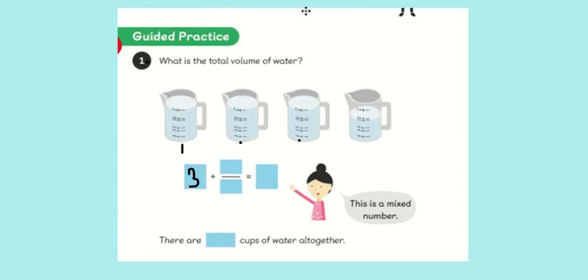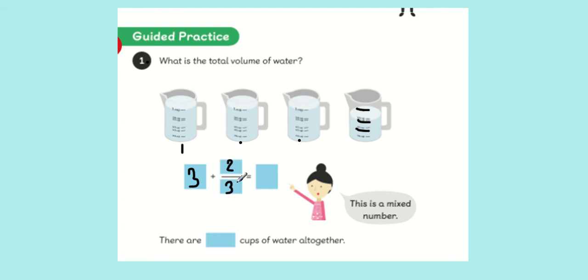This one, we can see that our jug has been split into thirds. So 1, 2, 3 is how our jug has been split. So we've got 1/3 filled up, 2/3 filled up, but not 3/3. So it's going to be 3 plus 2/3.